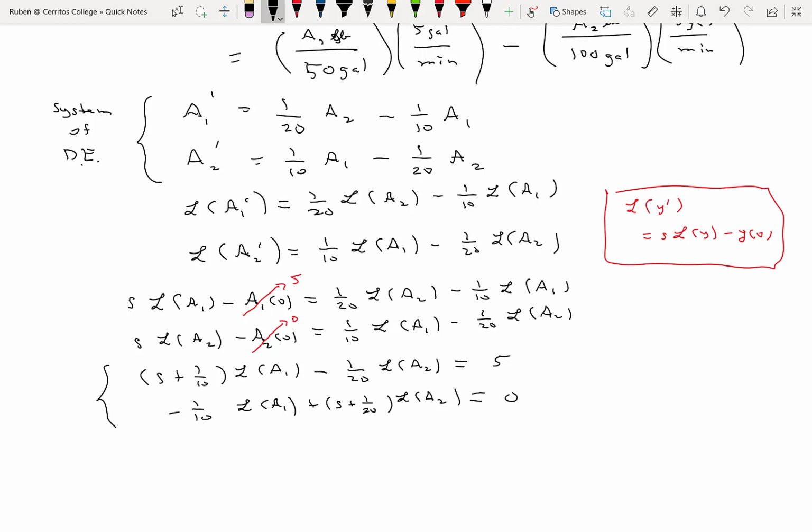So this is my system of equations, with the variables in this system being Laplace A1 and Laplace A2.